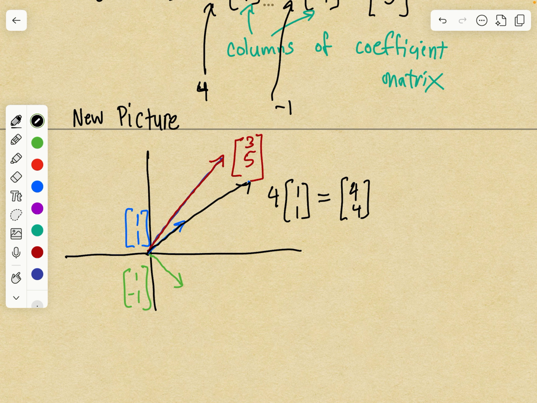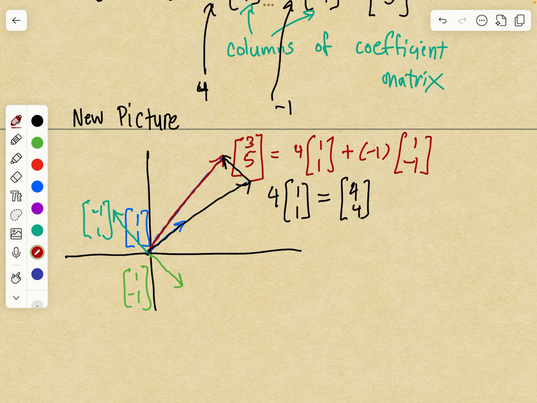And then I need to add -1 of (1, -1). So if I do -1 of (1, -1), I get (-1, 1). And if I add that vector to (4, 4), I'll get (3, 5). So (3, 5) is 4 times (1, 1) plus -1 times (1, -1).